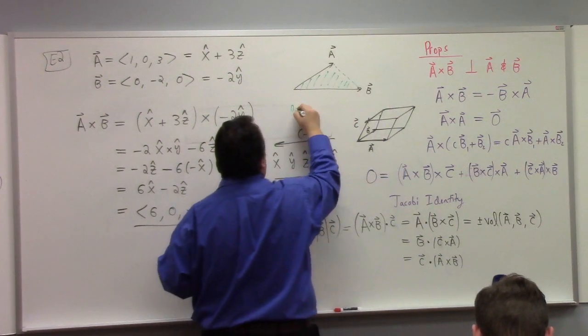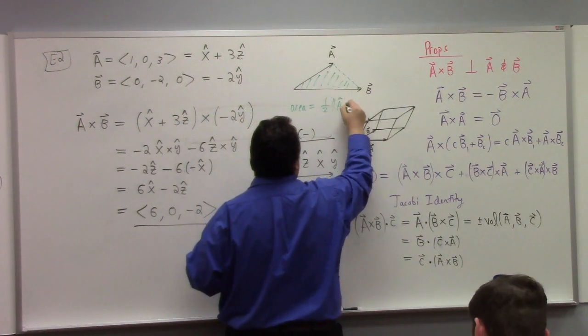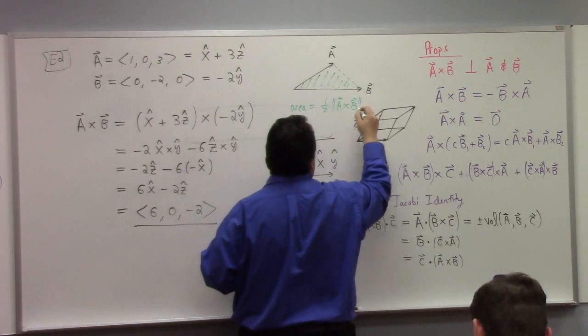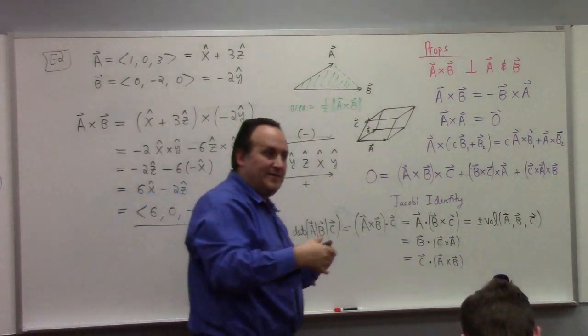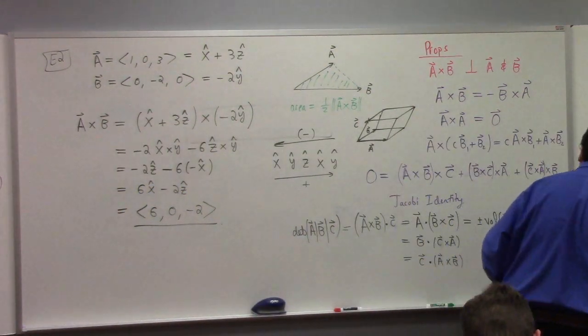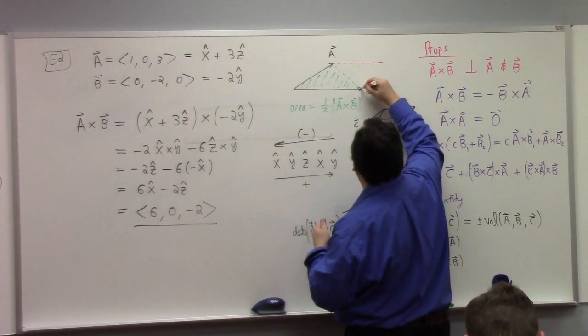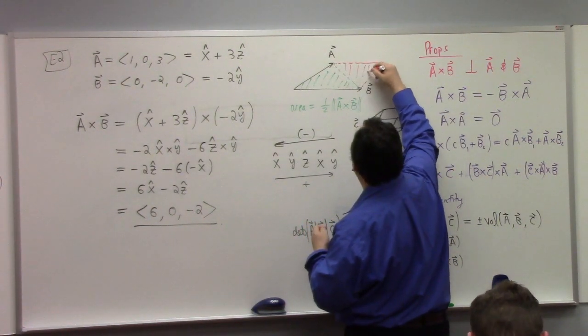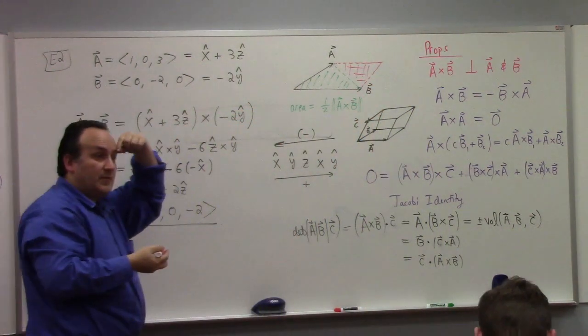Yes, the area should be 1/2 the magnitude of A cross B. Why is that? Because if we finish the triangle to the parallelogram, it has double the area that we're interested in, right? The rest of it that I haven't drawn up here has the same area, right? So if I just want the area of the green part, I divide by 2.